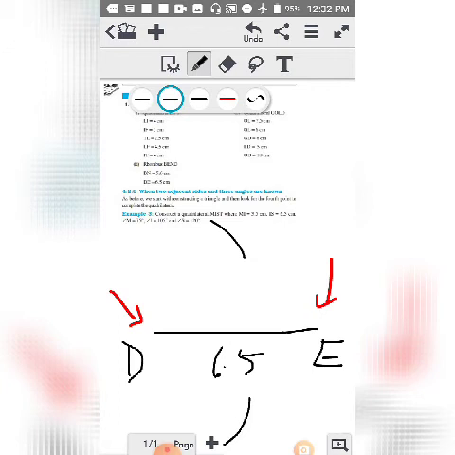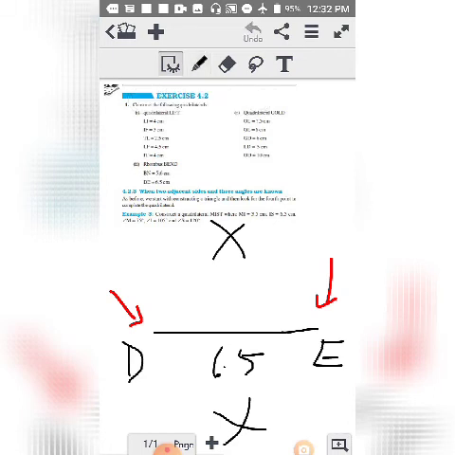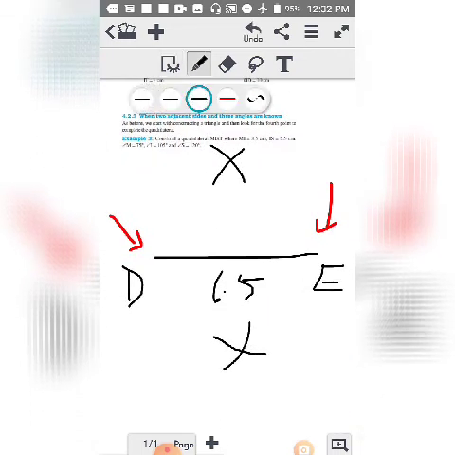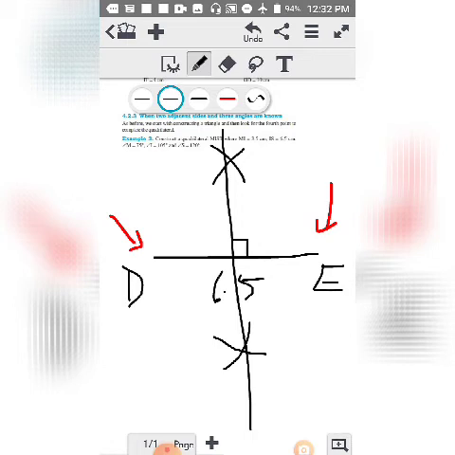Then you will put the compass at point E, cut one arc here and cut another arc down. After that you will draw a line, and this is called the perpendicular bisector of the line.